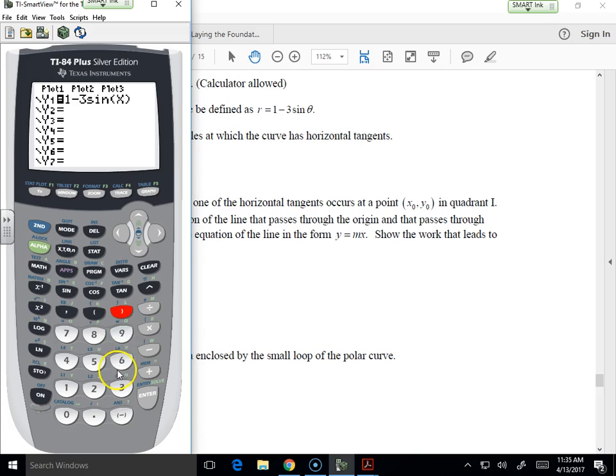So I'm going to go zoom, standard. I want to go from 0 to 2 pi, and I'm just trying to find the zeros. So I have my 2 zeros seemingly at second trace.